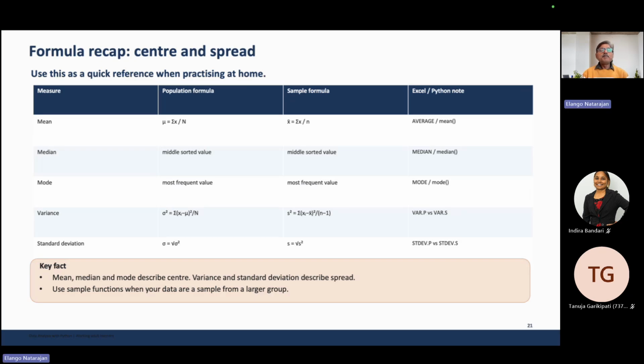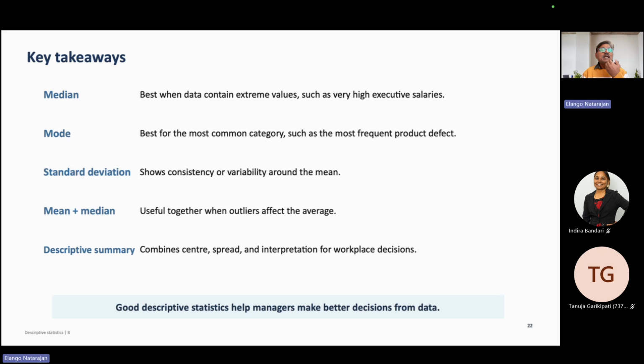Right. Coming to center and spread. I put the formula here once again for you to practice, and the takeaway is the same as what I told you earlier. I just put one more slide for you to go through.